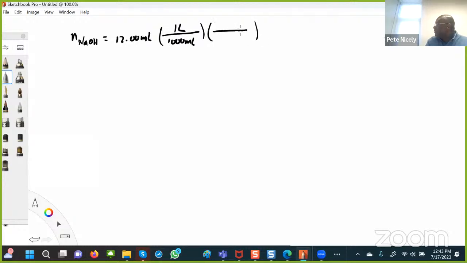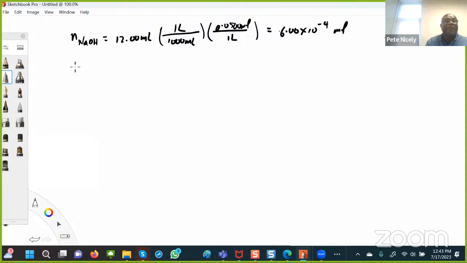The molarity of the sodium hydroxide is 0.0500 moles divided by 1 liter, and I'll work that out. And when I did that, I got 6.00 times 10 to the minus 4 moles, all right?